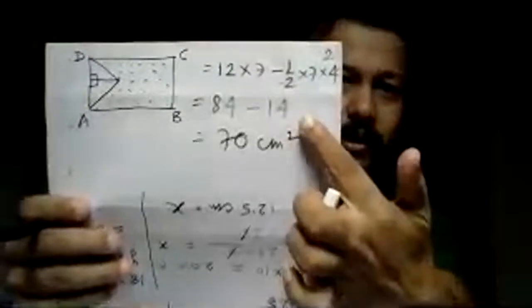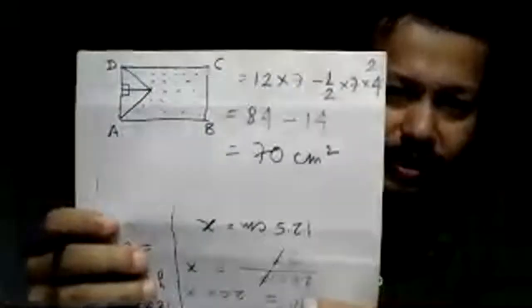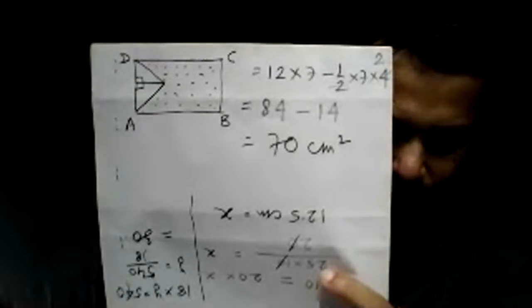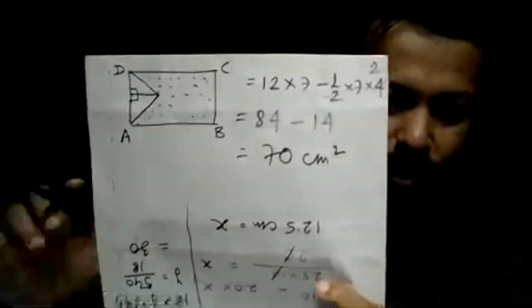84 minus 6. This is the calculation. Simple calculation. Say this calculation, all of you. Rectangle, length into breadth, minus area of triangle, half into base into height. So in this way we are solving it. Try to understand, all of you, and finish it.